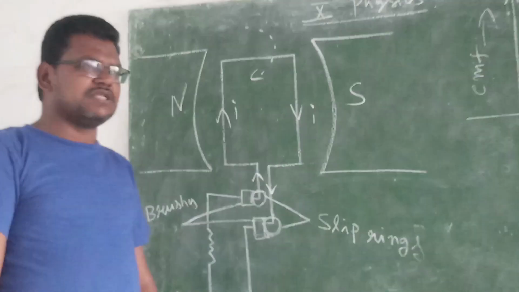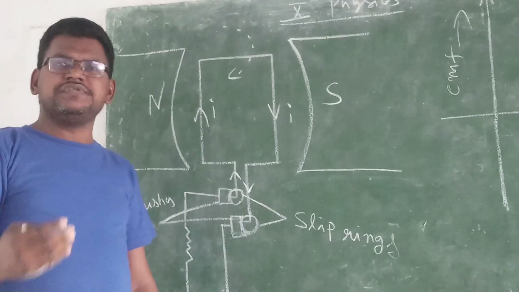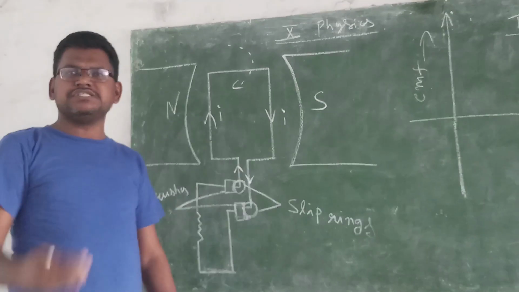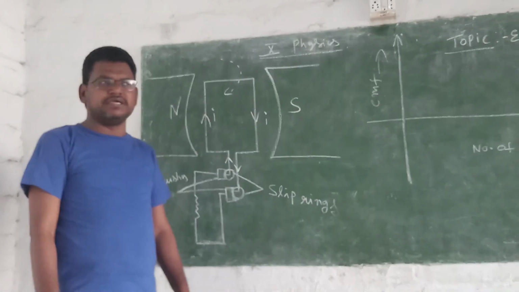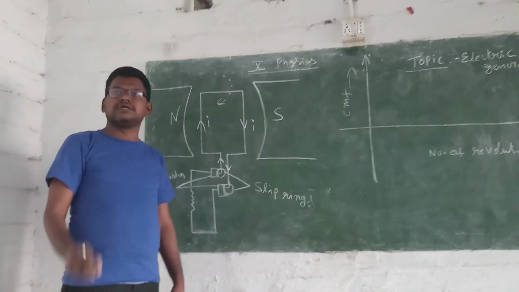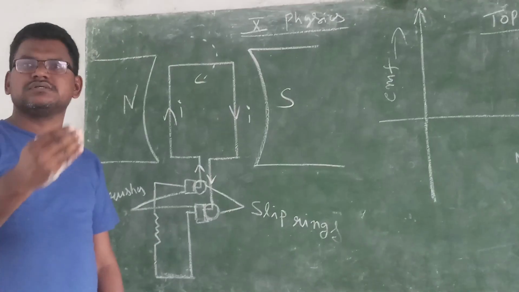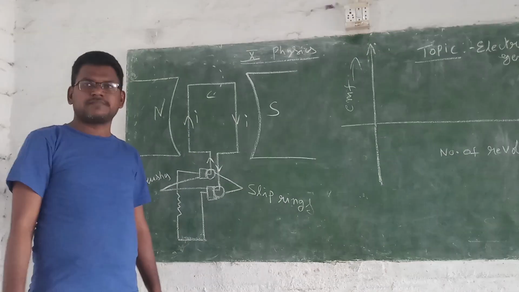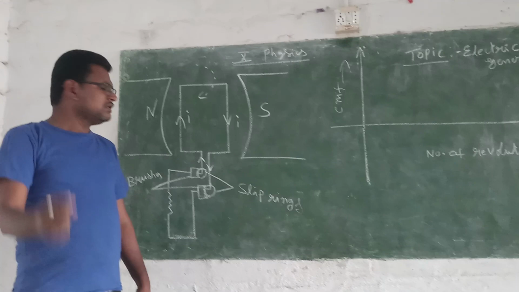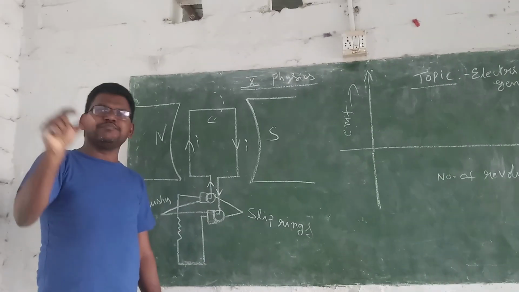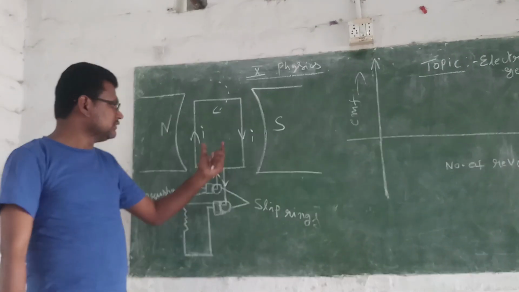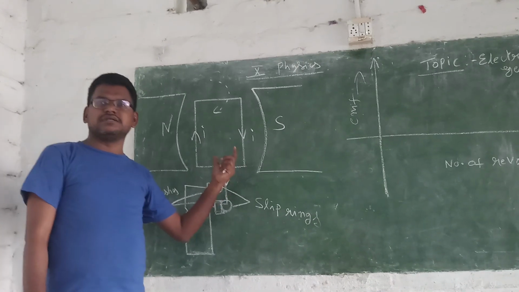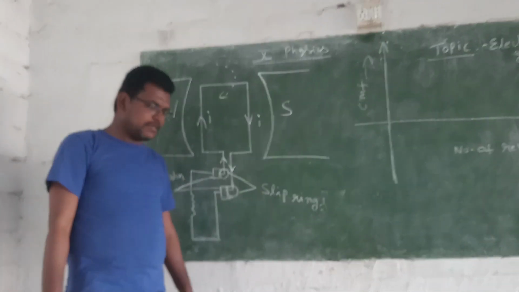According to Faraday's law, if there is a change in the magnetic flux through a coil, then a current is induced in that coil. Depending upon the same principle, this electric generator works.